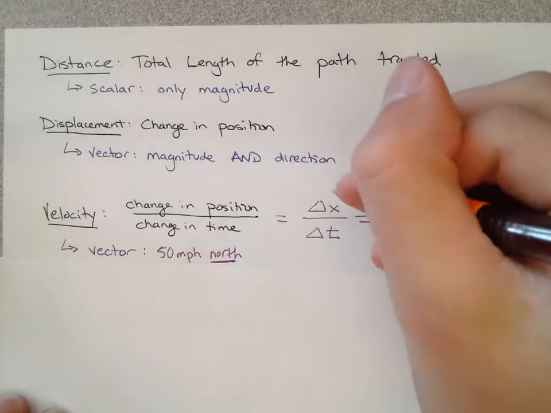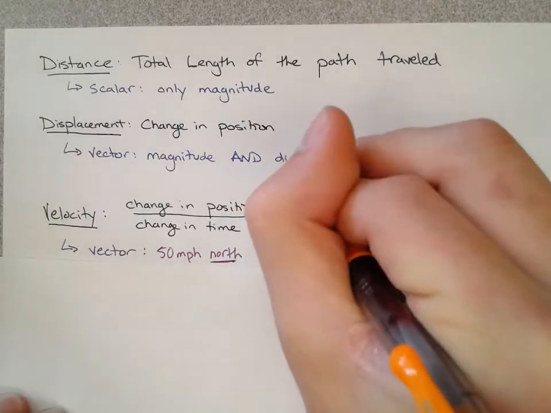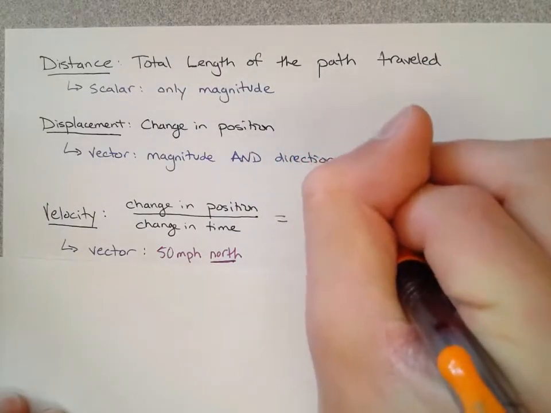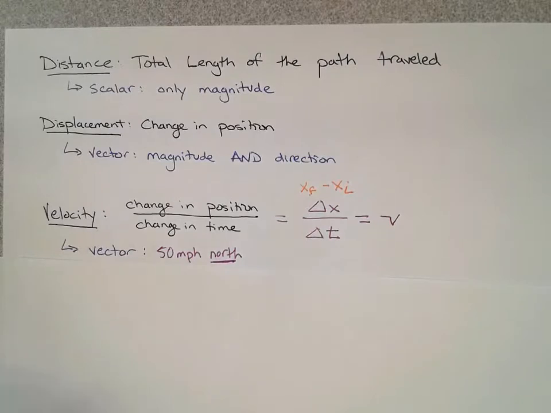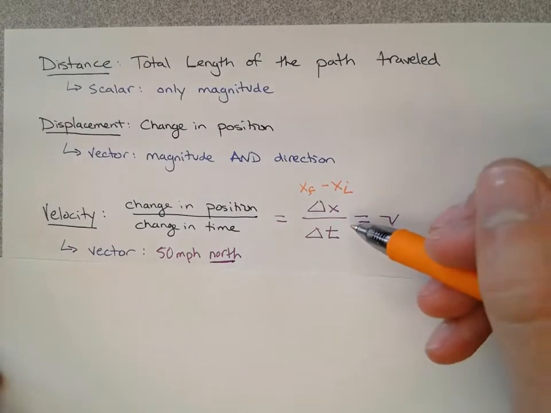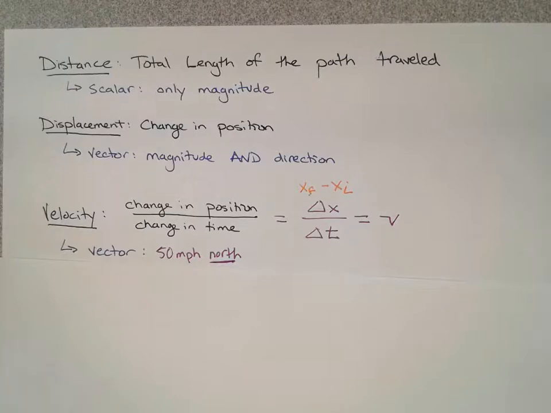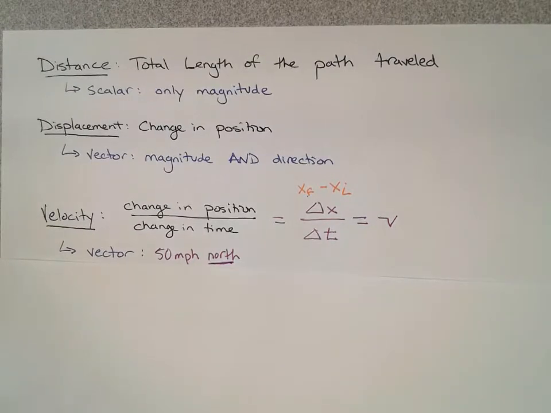Now if we expand this out, a change in position is simply x final minus x initial. X final minus x initial divided by a change in time, and that's equal to our velocity. Okay? We talked a lot about that. This right here you can also get from a position versus time graph. So that's what we're going to talk about next.